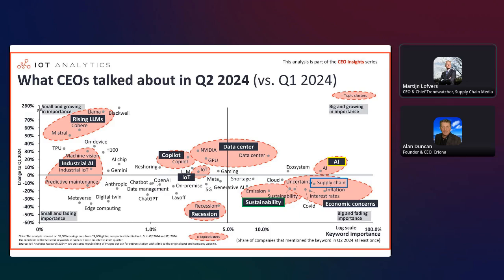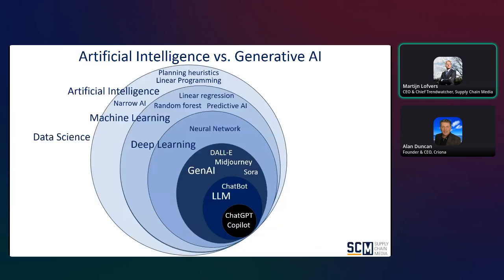Talking about AI, I created this overview. There's a lot of confusion, I think, about what is AI, what is generative AI, and looking at this framework, I try to narrow it down to what is artificial intelligence. You see planning heuristics and linear programming. That's quite known to supply chain people.